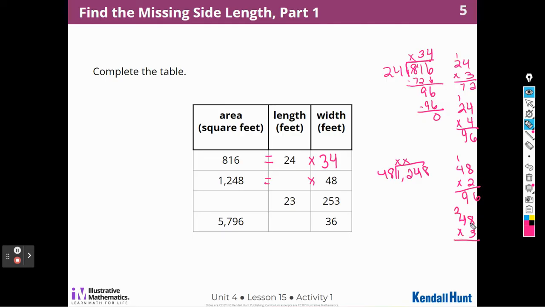8 times 3 is 24. 3 times 4 is 12, 13, 14. And that is too high, so it has to be 2 times. 2 times 48 is 96. So I'm going to borrow 1 from the 12 and make that an 11. And so now this is 14 minus 6, which I know is 8.